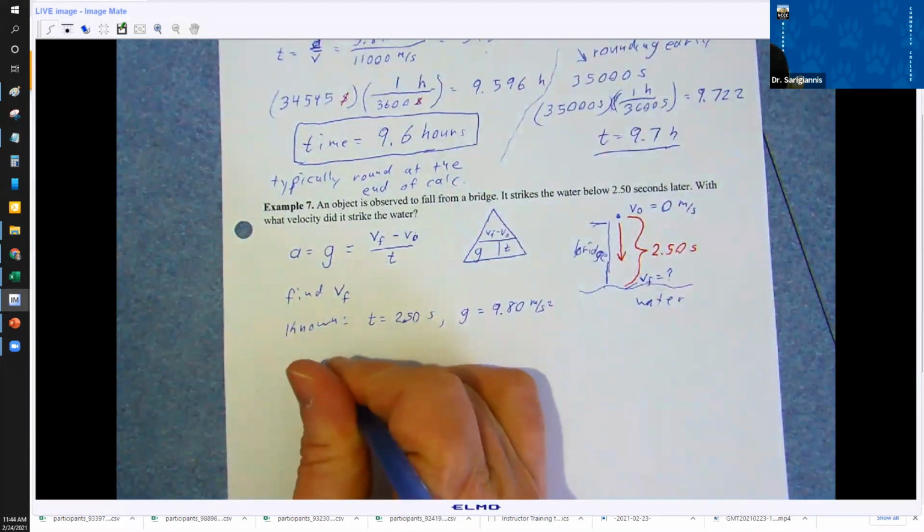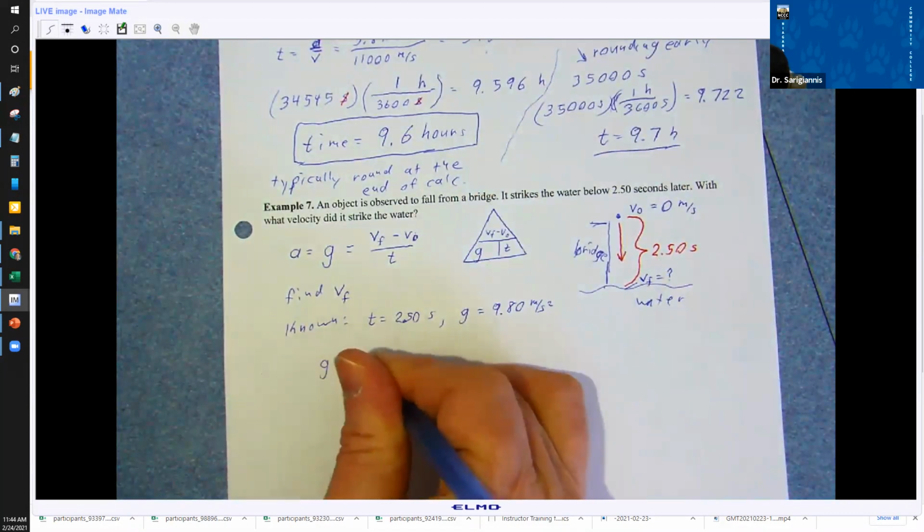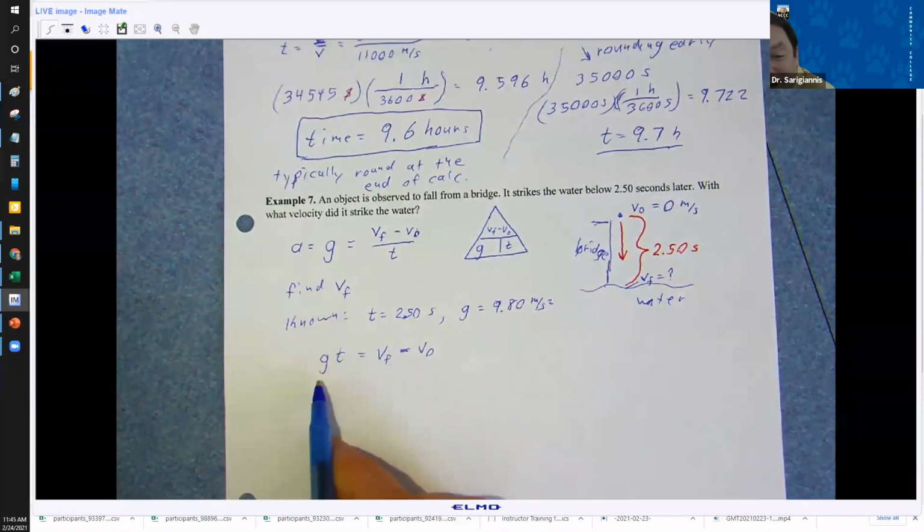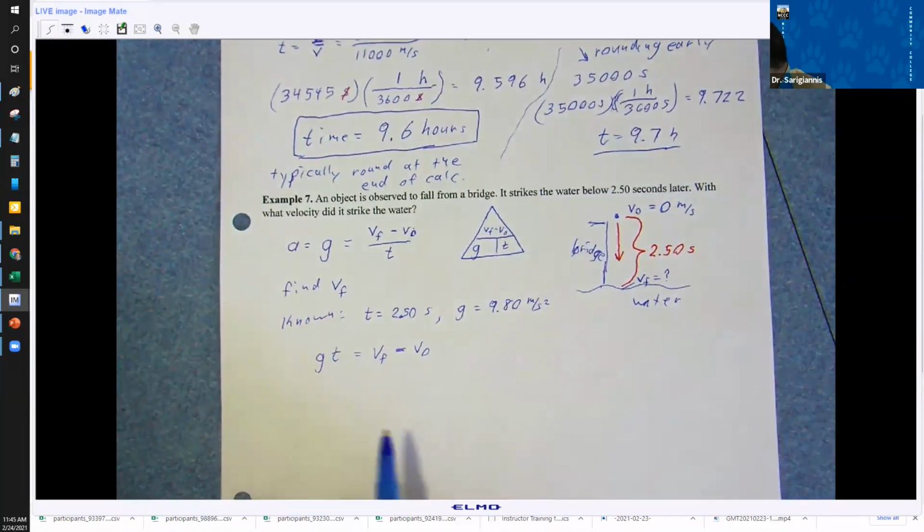So we've got g t equals VF minus V naught. And again, I'm not using a multiplication sign because it's just going to get too confusing. This is an implied multiplication. Now, if I'm subtracting V naught over here, fortunately V naught is 0.